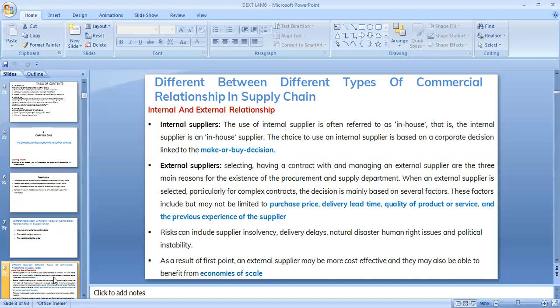Now, as a result of the first point, using an external supplier is actually going to be cost effective. And another benefit you may want to capture is the economies of scale.